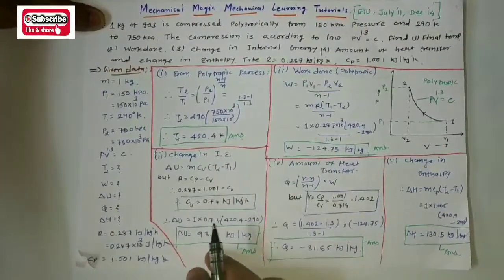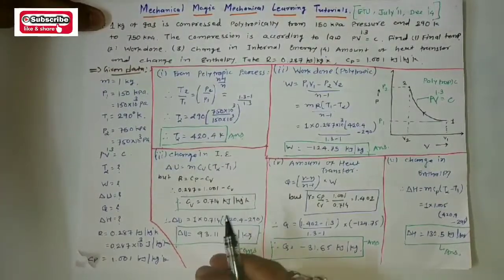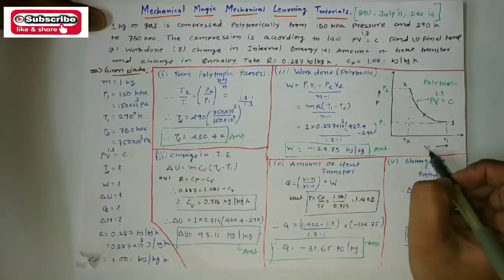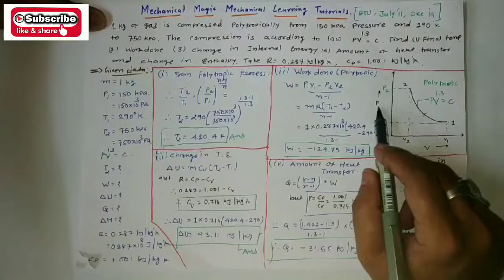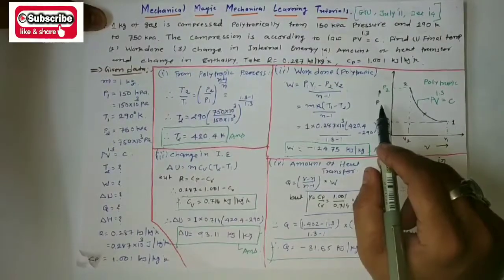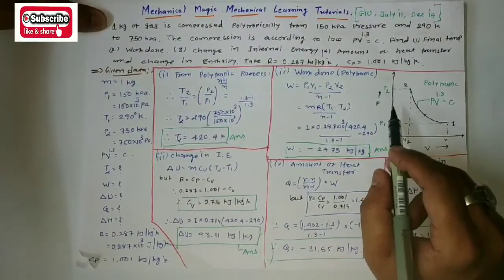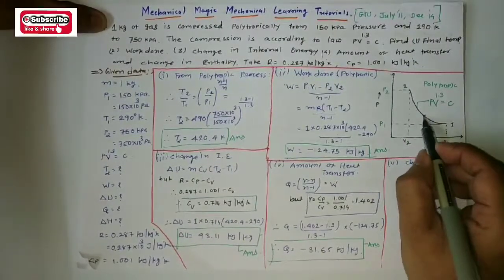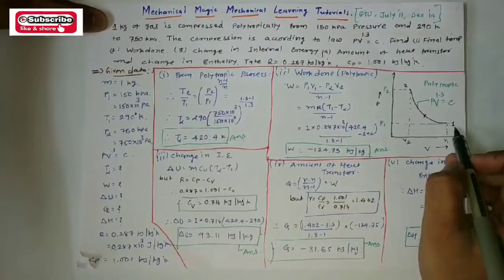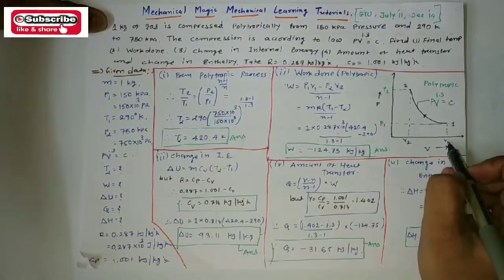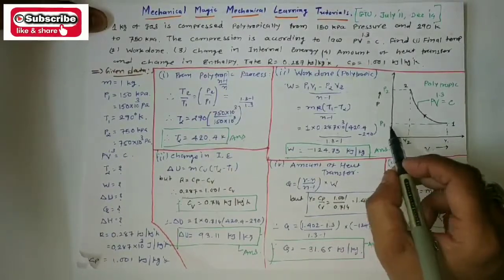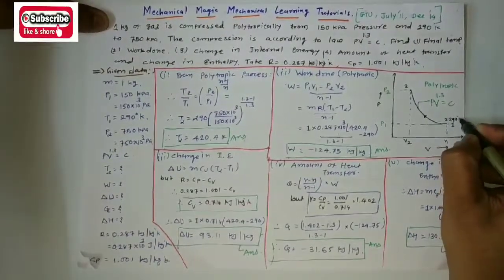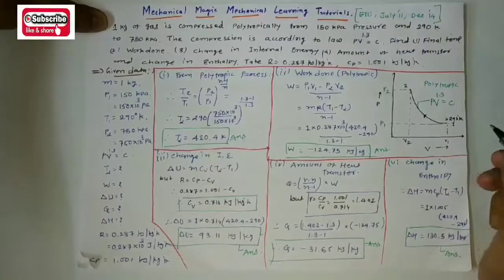First of all, let us see this process on the PV diagram. For the x-axis that will be V, and the y-axis the pressure. So here is the compression, process 1 to 2 like this. For point 1 we have volume V1, pressure P1 and the temperature is around 290 Kelvin.